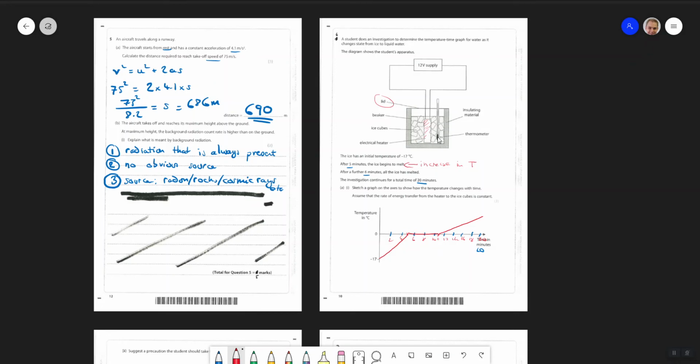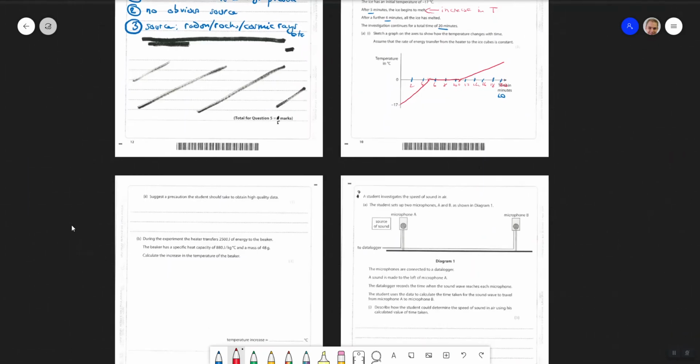You've got a thermometer, and remember your thermometer's over here, but your heater's here, so stirring. Once the ice is starting to melt, you've got a liquid, so stirring the liquid would be a good thing. And then just because they are very generous, they will allow you the idea of repeating and averaging, which is nice.